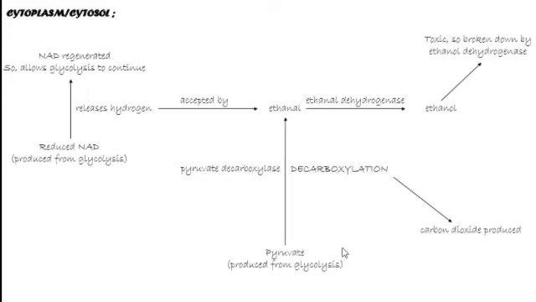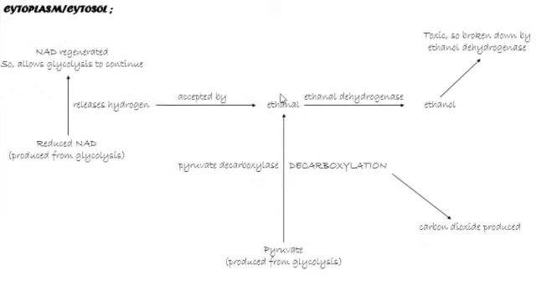The decarboxylation of pyruvate is catalyzed by a special enzyme which we call pyruvate decarboxylase, and as its name suggests, it's the enzyme that catalyzes the decarboxylation of pyruvate. When pyruvate is decarboxylated, it forms a compound called ethanal.